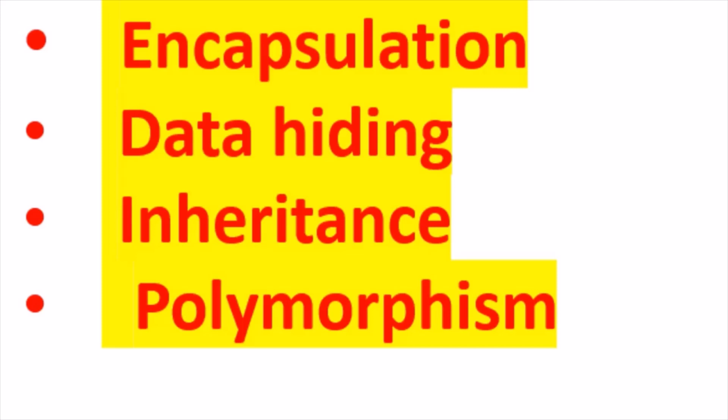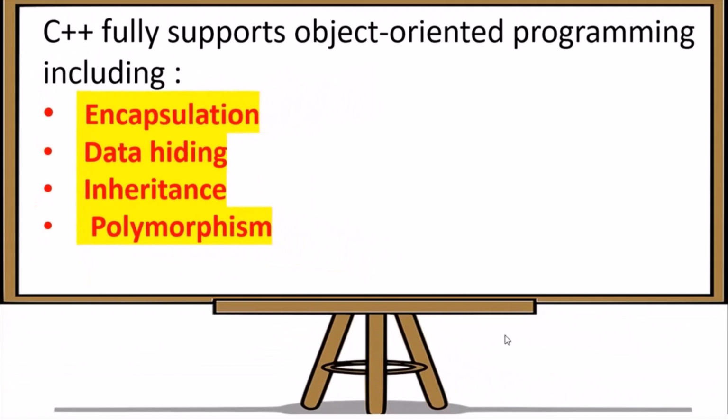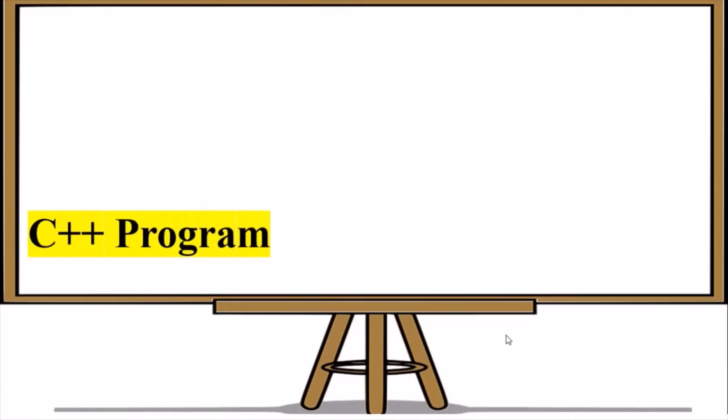We will see all these concepts in our coming lectures, so keep watching. These are the new characteristics which are present in C++. So we saw the common features, and we saw the additional features of C++.